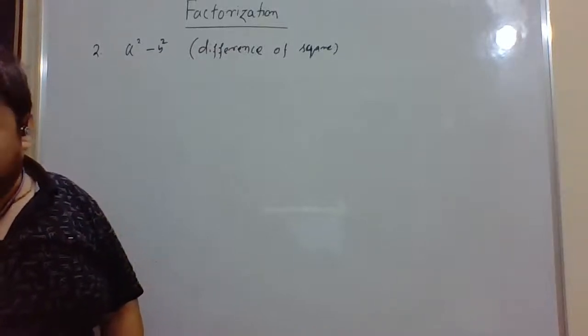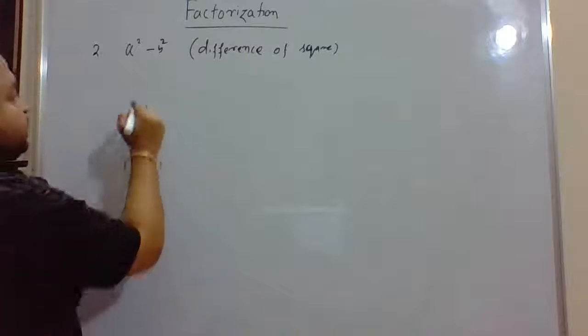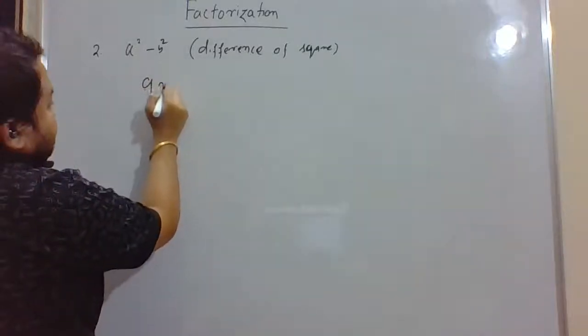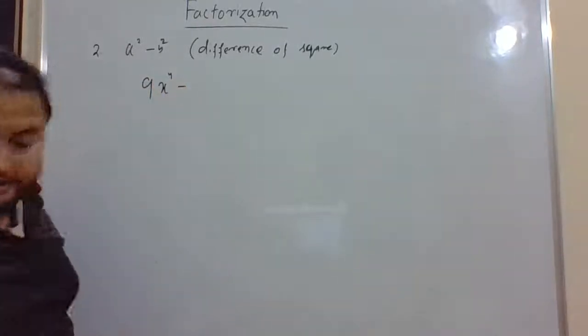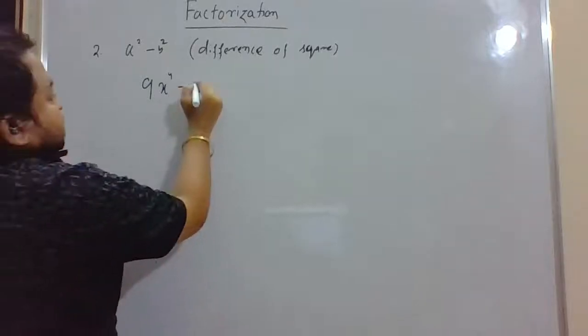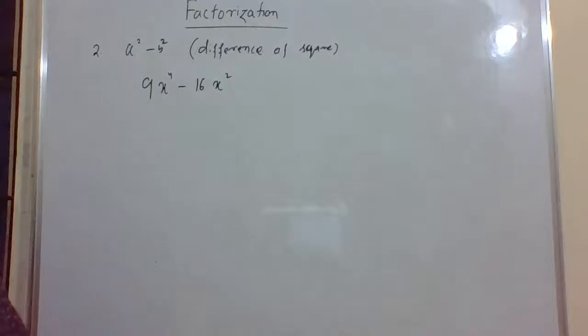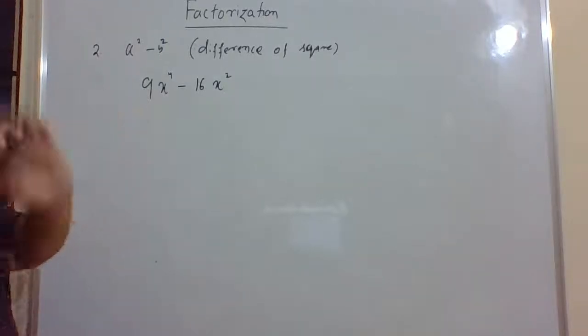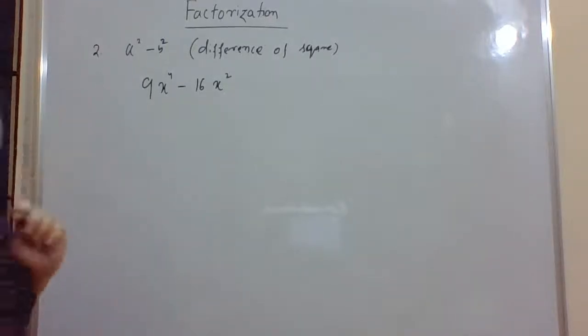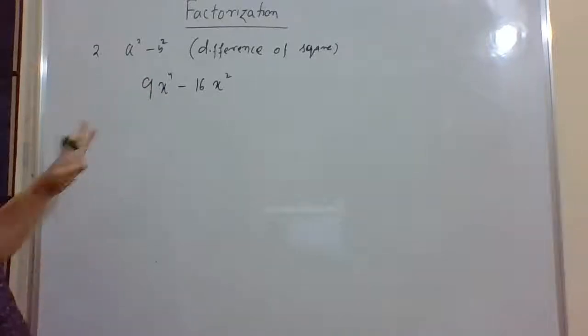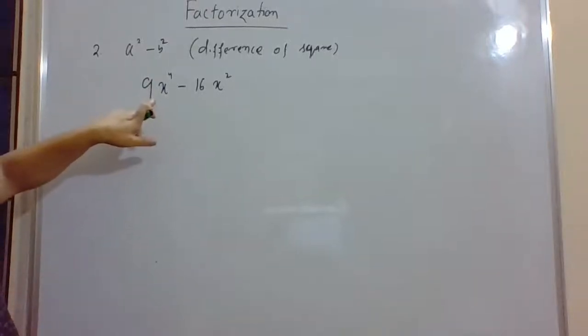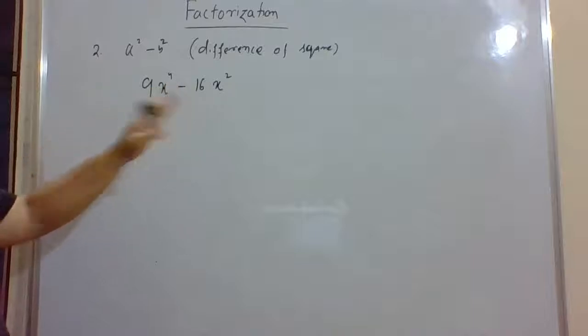Okay. Now let's look into this one. 9x fourth minus 16x squared. The reason why I have chosen this one is, here we don't have anything to the power 2 directly.